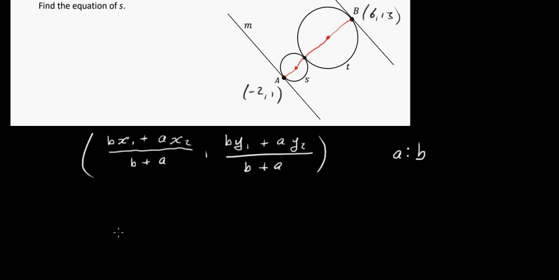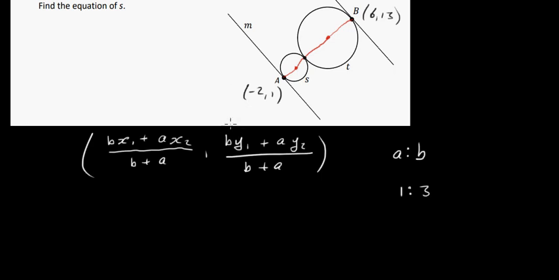Okay, so let's just have a look at this and see if we can use it to work out this point here. So our ratio is 1:3, and our x1, y1, x2, y2, I'll just write them in here as well, in a different color.